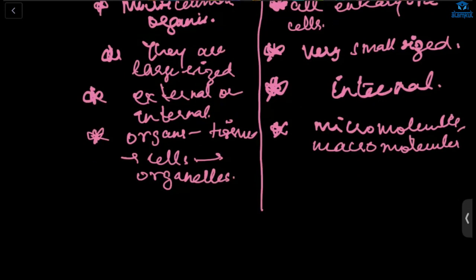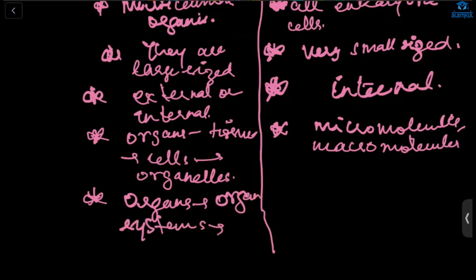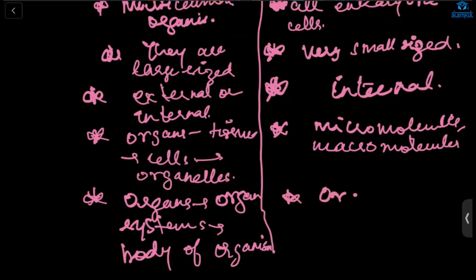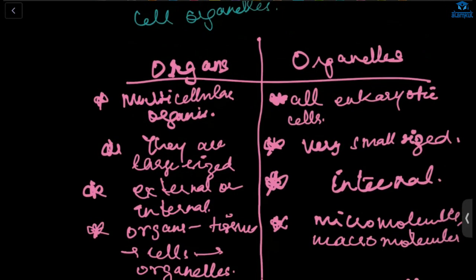The organs coordinate to form the organ system, and then the whole human body. Here, the organelles together make the cell. All these are the difference between organs and organelles.